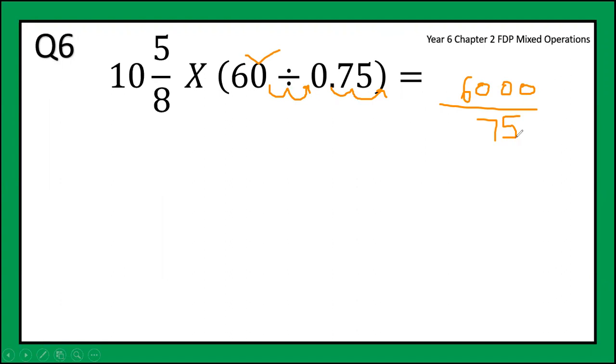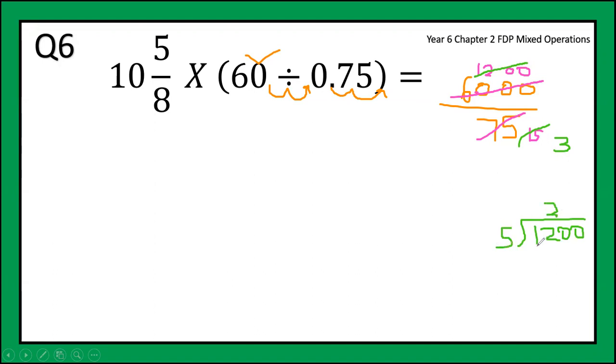Now I'm going to make this simple first by dividing by 5. When I divide 6,000 by 5, 60 divided by 5 is 12, and then put in 2 zeros. So this is 1,200. 75 divided by 5 is going to be 15. I can still further divide by 5 to simplify it. 15 divided by 5 is going to give me 3. 1,200 divided by 5, if you can't do it mentally, you write it out.